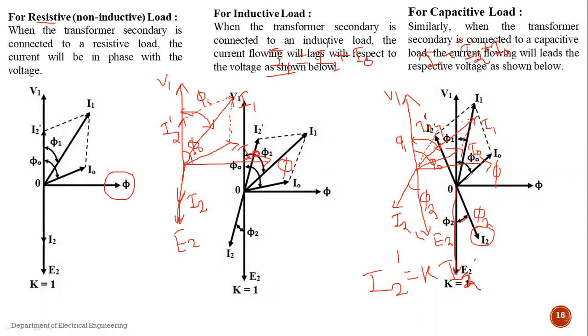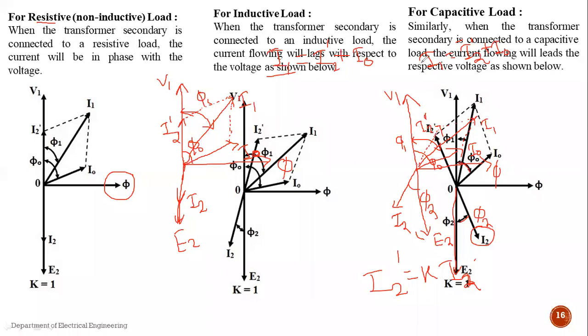Okay, again the no load primary current lags behind the primary supply voltage V1 by an angle not exactly equal to 90 degrees, but less than 90 degrees.